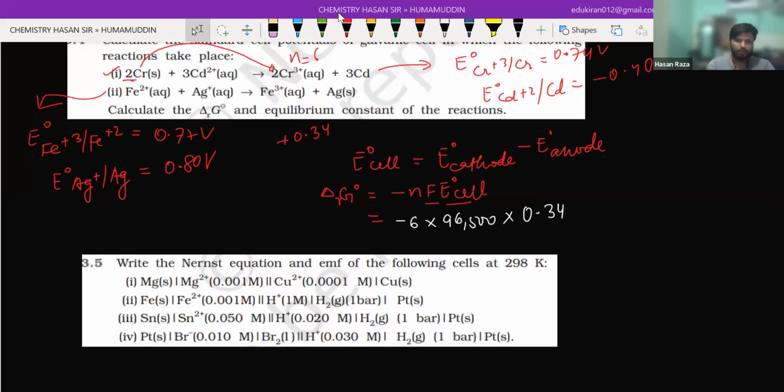Is this the second question? The answer of the second part. Yes, sir. 2850 joule per mole. That's good. Almost there, there are minor differences, but it's good.